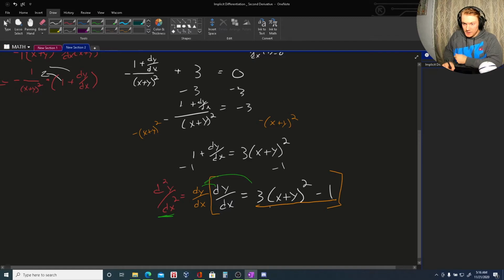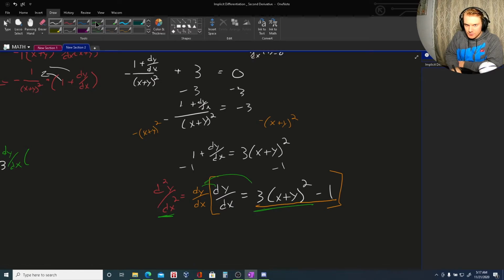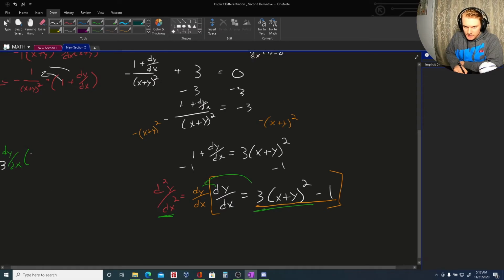So now let's apply it to this. Let's move the 3 to the outside, so we can just worry about what's on the inside, which is (x plus y) squared.